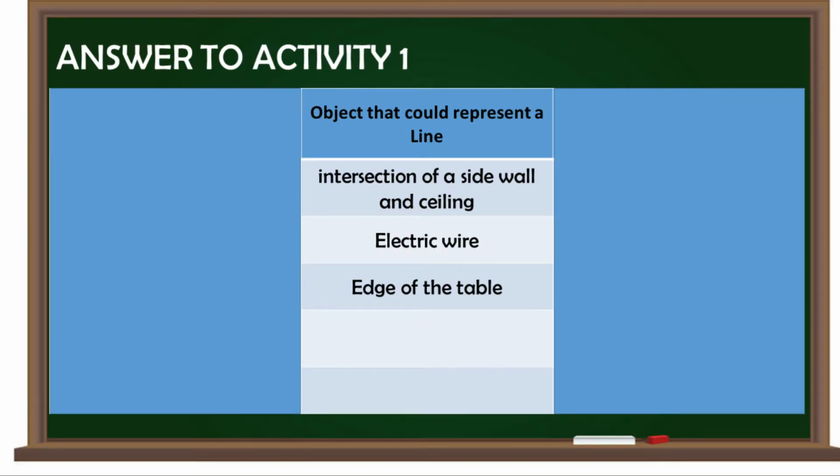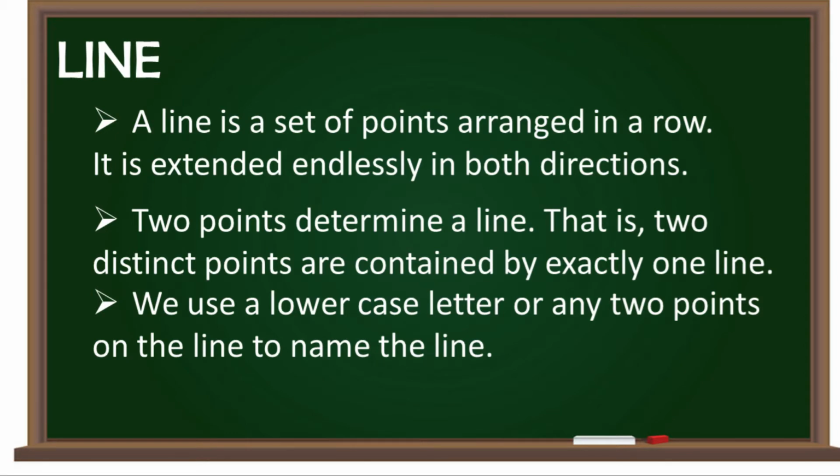Now, let us proceed to the second column. What have you observed? Very good! So what is a line? A line is a set of points arranged in a row. It has extended endlessly in both directions. 2 points determine a line.